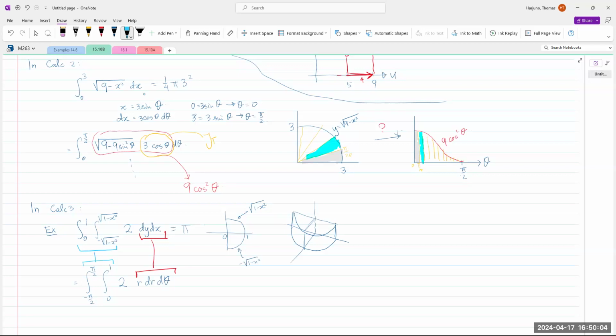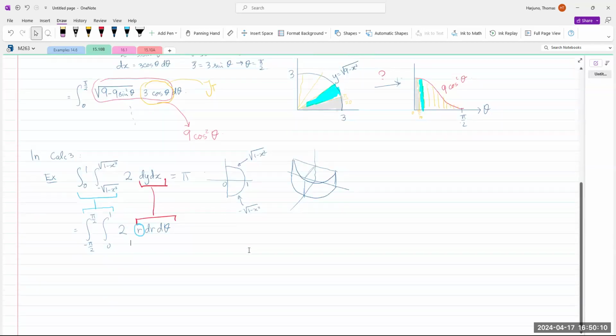Now you may wonder, what is that r? That r is actually our Jacobian, if you think about it. Why? Because between the rectangular coordinate system and the polar coordinate system, we have this transformation: x equals r cosine theta, and y equals r sine theta.